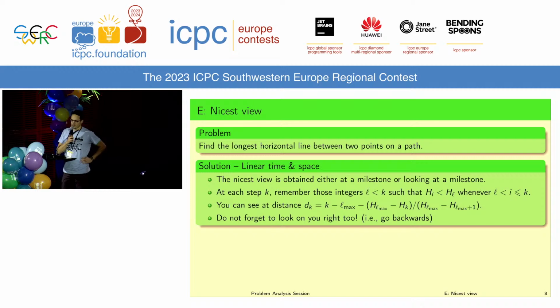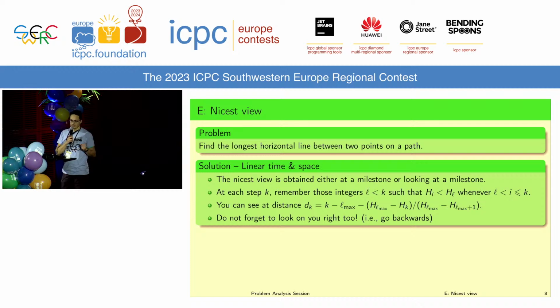The solution is first to know that the nicest view is obtained either at a milestone or looking at a milestone. If you are below a milestone, then you can always go a bit higher and have a nicer view. So what you have to do is compute the best view you can have at each milestone, looking either left or right.